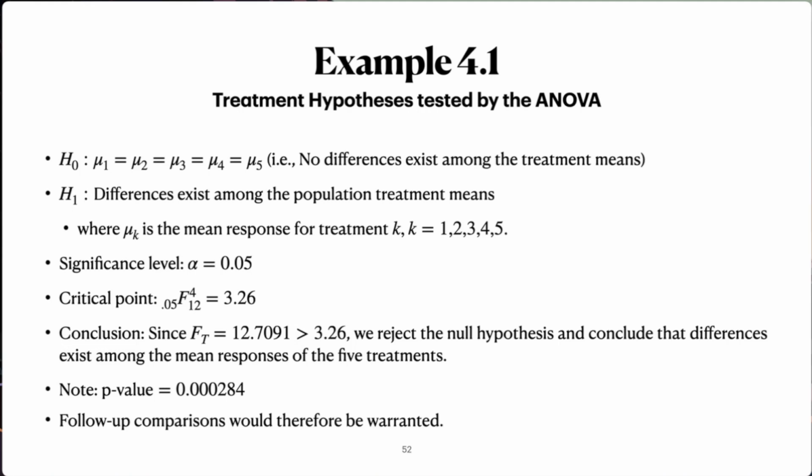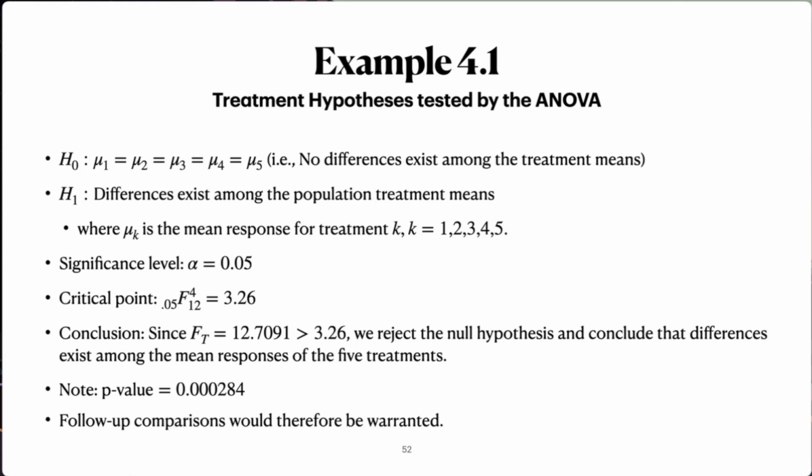And so the null hypothesis is that the population treatment means are all equal: mu1, mu2, mu3, mu4, and mu5 are all equal. Now I suppose it would be better to denote these mu A, B, C, D, and E to correspond to the treatments, and we could do that, but that might make things a little bit more cumbersome later on.